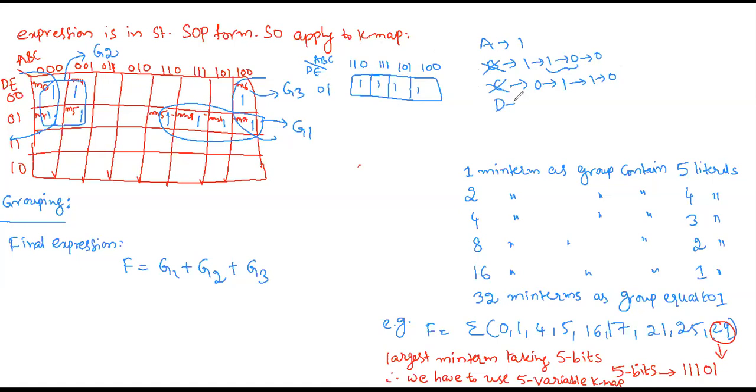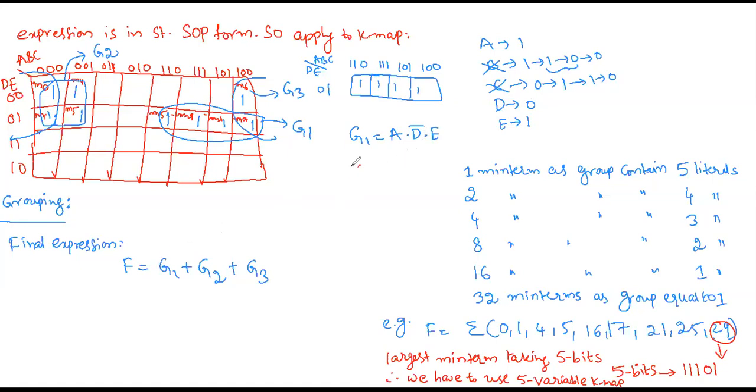D value and E value are constant: D value 0, E value 1. A 1 is indicated with the variable itself, so A, B and C are changing, we do not write. D value 0, so we write D bar. E value 1, so write E. So G1 is equal to A D bar E.